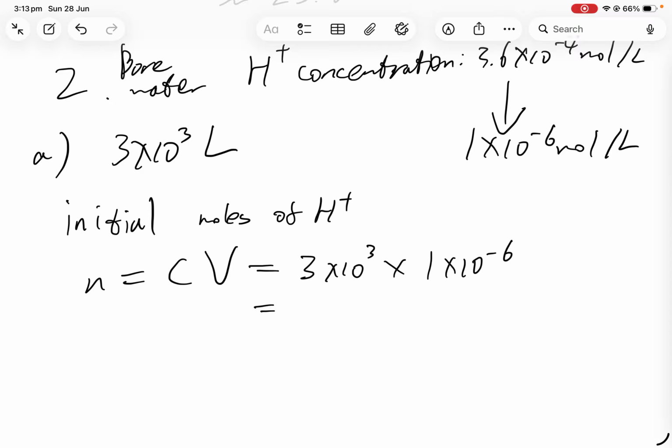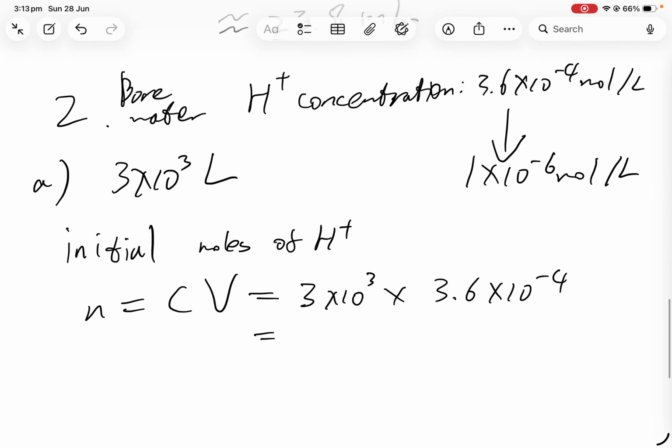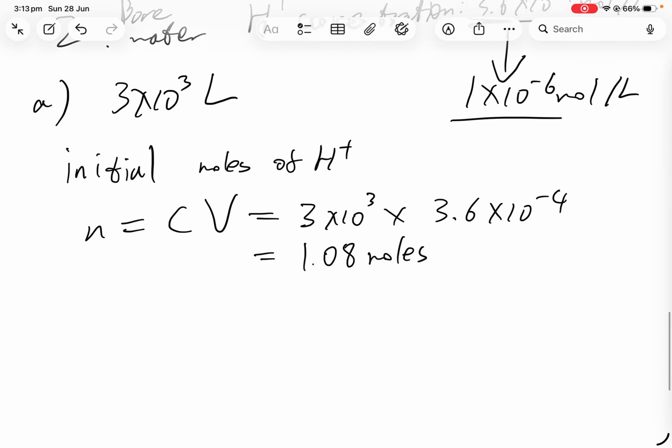Oh wait, no, this is initial. Initial should be 3.6 times 10 to the power -4, because I used this instead of this. My bad. 3.6 times 10 to the power -4 times 3 times 10 to the power 3 equals 1.08 moles of hydrogen ions initially in the bore water.